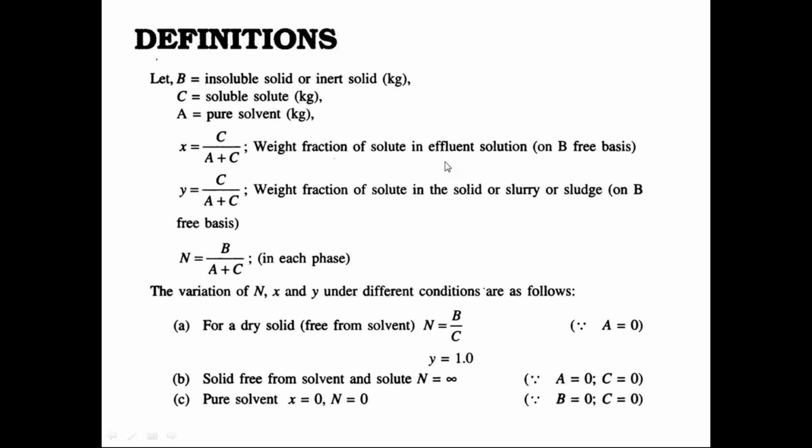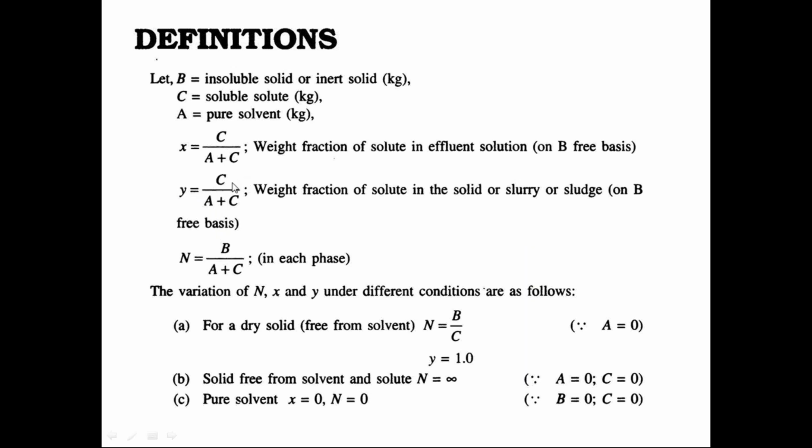What do you mean by effluent stream? Effluent stream is the liquid stream which is a clear liquid, and Y is the weight fraction of the solute in the solid or slurry or sludge, because after the settling of all the solids, it will be either slurry or sludge. So you can calculate the B on solid free basis.